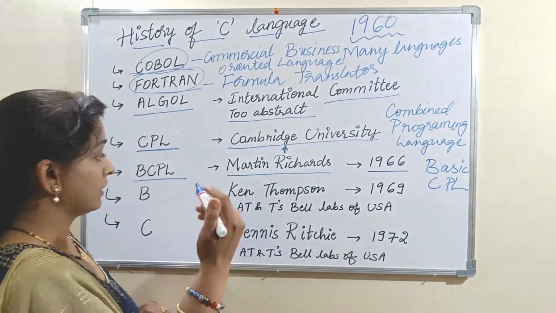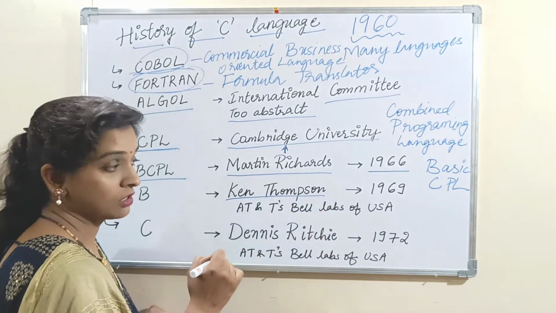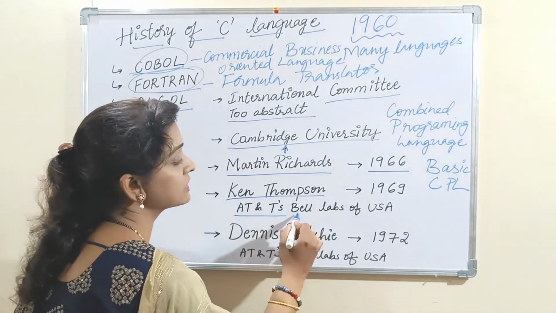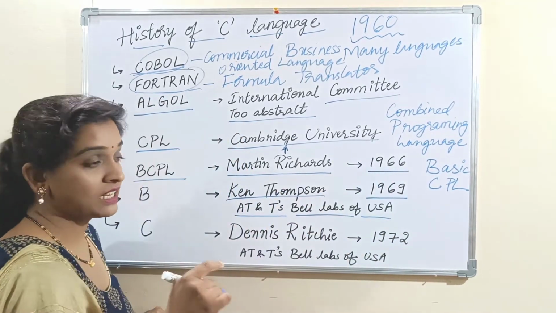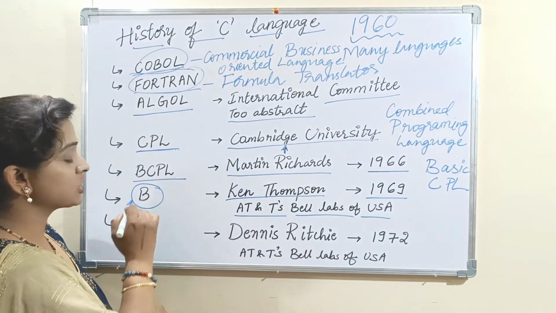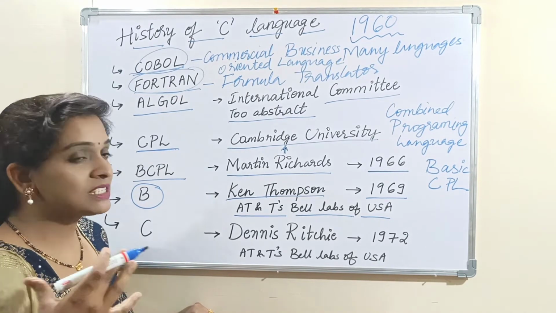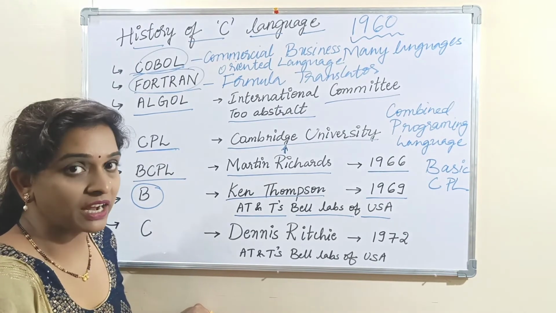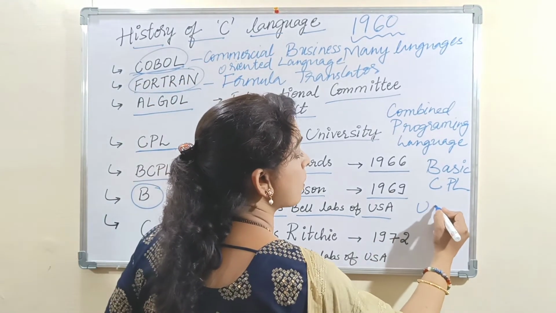Then a person named Ken Thompson, who worked at AT&T's Bell Labs of USA, in 1969 designed a language named B. This language B was designed to write the coding of the Unix operating system.